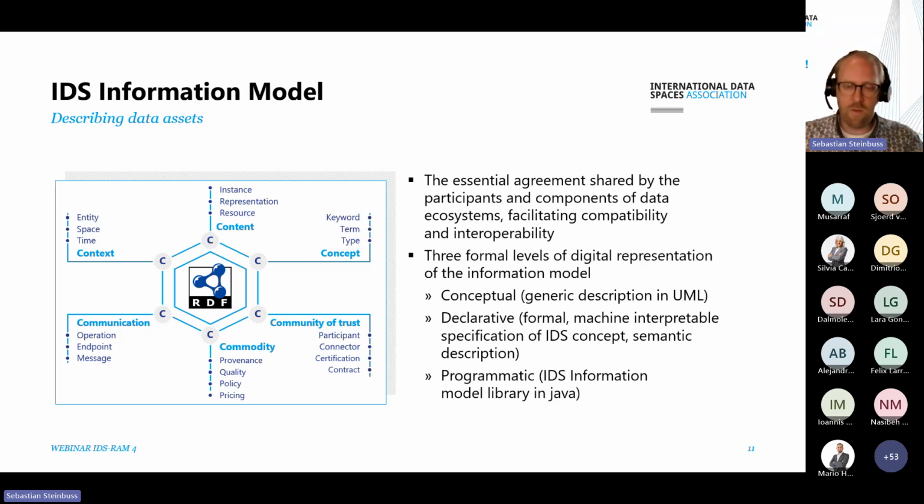Then we said we need to take a look at the different concerns. And then, well, computer scientists sitting in a room with a lot of coffee, we made up the idea, so let's make this 6C hexagon, which looks like a sugar molecule. And so all those things start with a C, while it doesn't always really work out well in the title. So this is why we have the 6C hexagon.